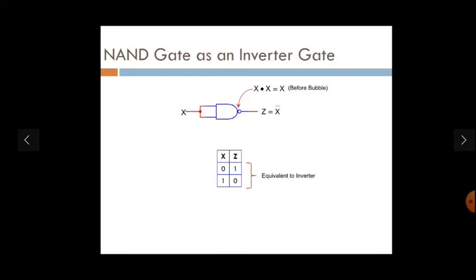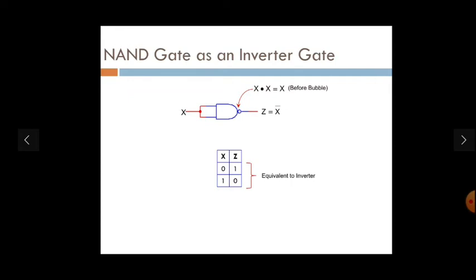See here how NAND gate becomes an inverter gate. We see when the two inputs of NAND gate are shorted, it becomes a single input X. The output of NAND gate is X bar, which is the inversion or complement of the input.